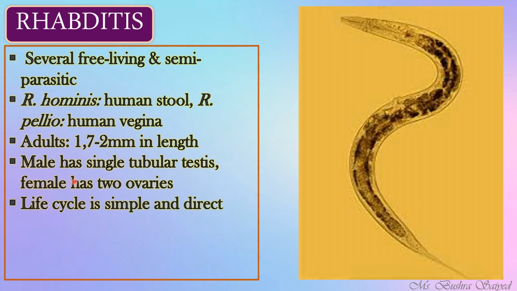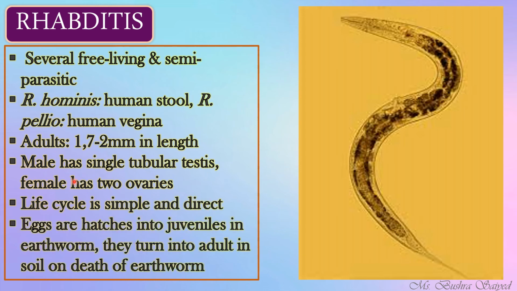Life cycle is simple and direct. It means that they have only one host in their complete life cycle. Even if they are not parasites, most of the species of Rhabditis have earthworm as part of their life cycle, because the eggs hatch into juveniles in the body of the earthworm.